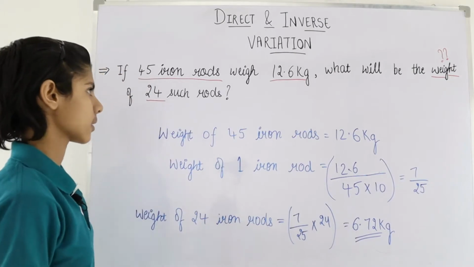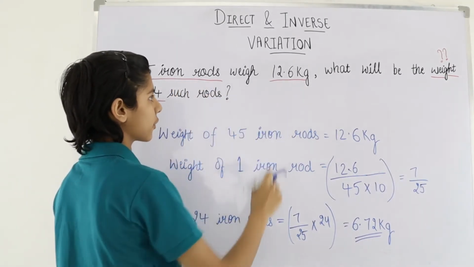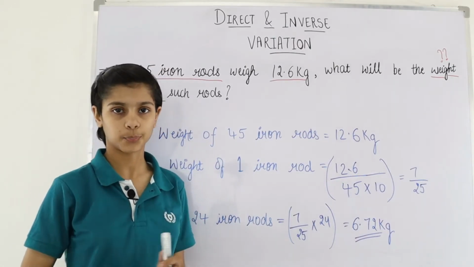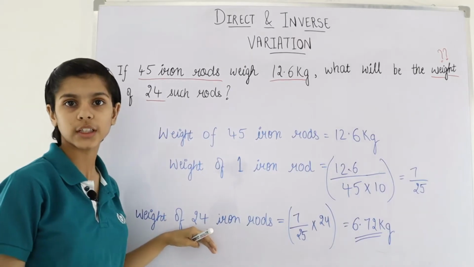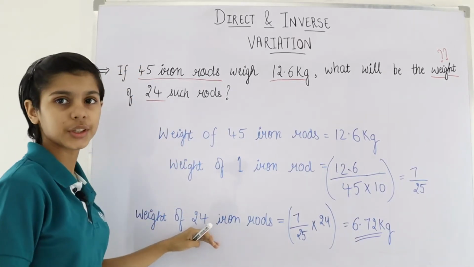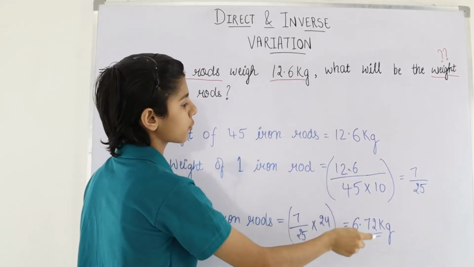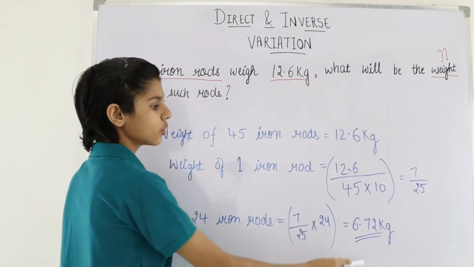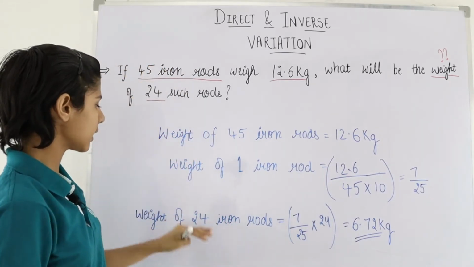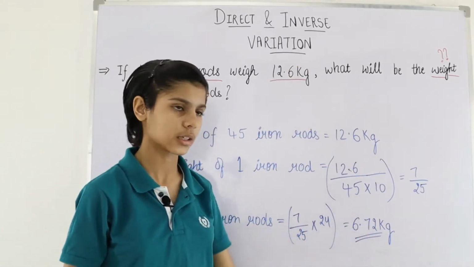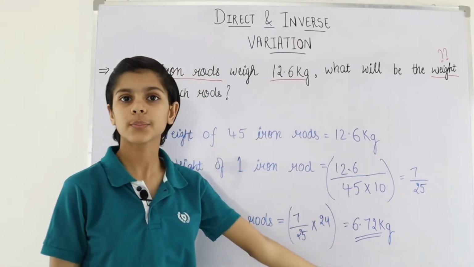अब हम यहाँ पे देख सकते हैं कि दोनों variables, ये variables iron rod और उसका weight directly related थे. As the number of rods decreased from 45 to 24, the weight also decreased from 12.6 to 6.72. So you can see here that if one variable decreases, the other also decreases. यहाँ पे number of rods कम हुआ तो उसका weight भी कम हुआ.